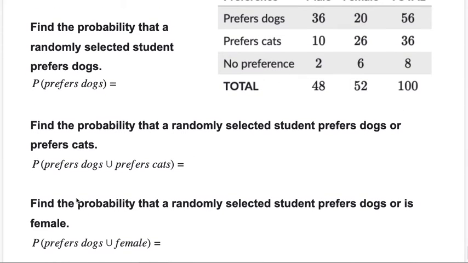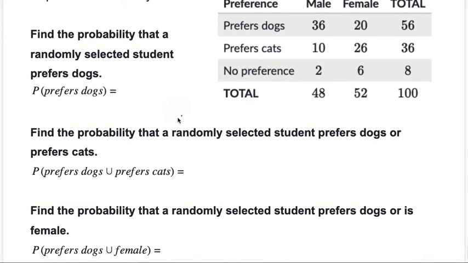What about the probability that a randomly selected student prefers dogs or is female? So again, we're going to take prefers dogs or is female. We've got 56 out of 100 who prefer dogs, and 52 out of 100 who are female. But notice, if you're really careful, what we're actually counting here is all of these people here.